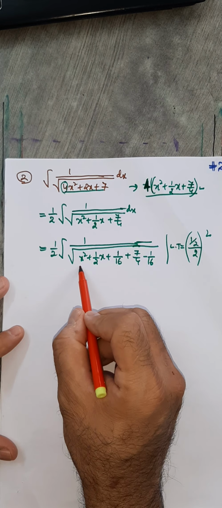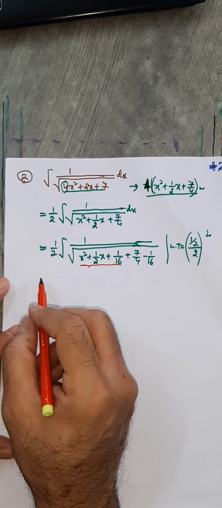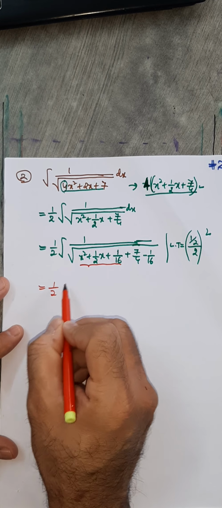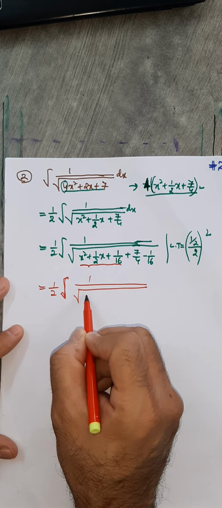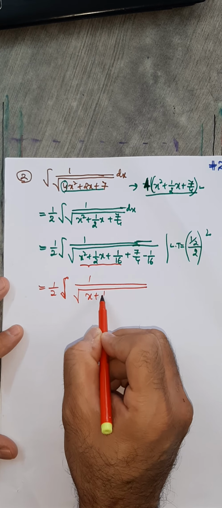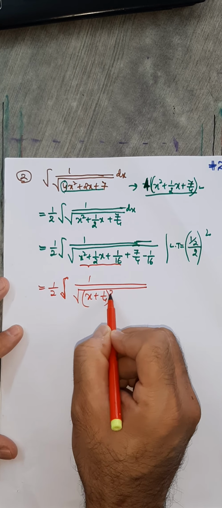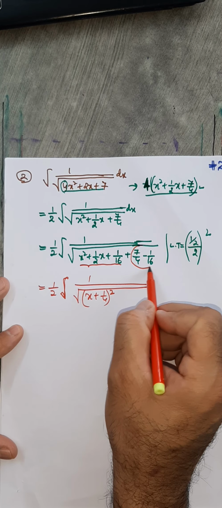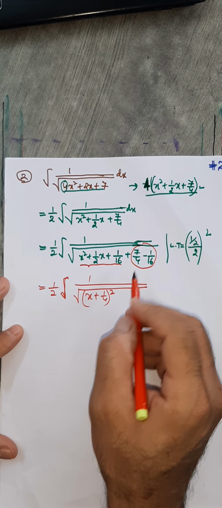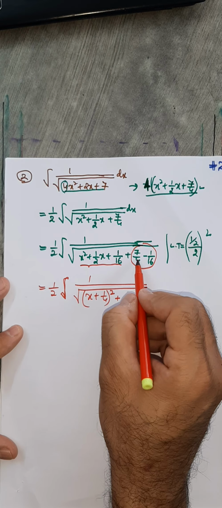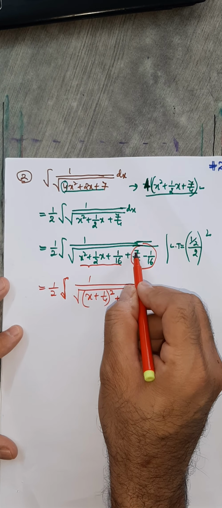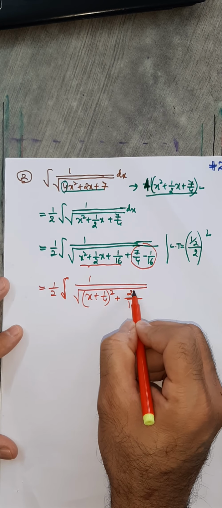Now this would be the perfect square, remember. So 1 upon 2 here. Over here, x plus, the first 3 terms, 1 by 4 the whole square. Simplify this much. So I need to take 16 as LCM here. So by 16, so here 4, 28 minus 1, so 27.